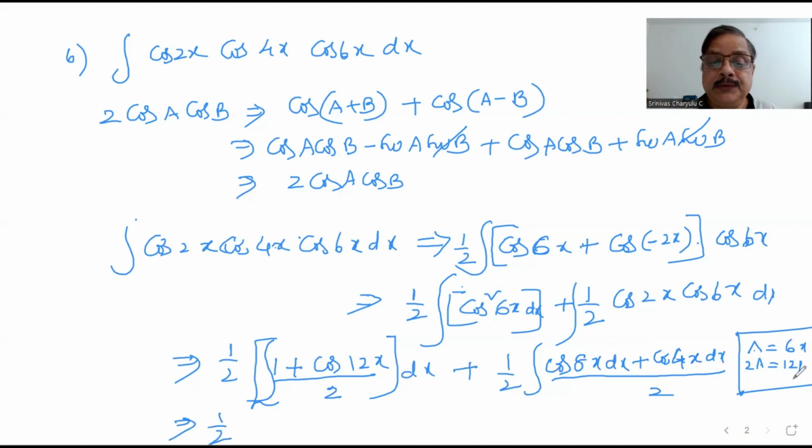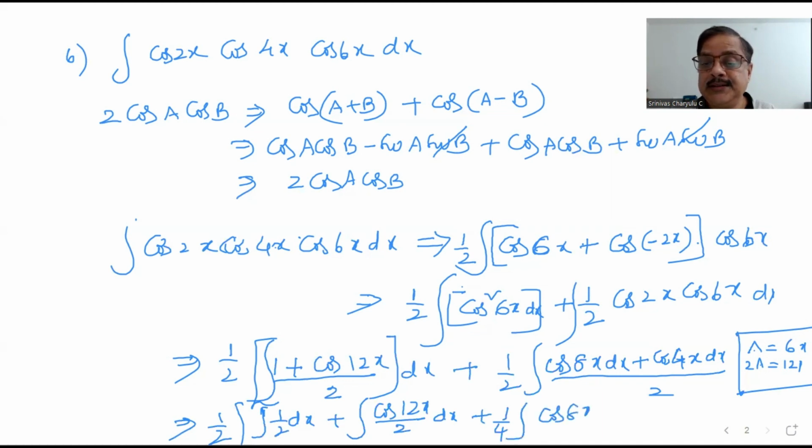Half into, this is integral symbol, bracket, integral 1 by 2 dx, integral cos 12x by 2 dx. This 2 you bring outside here, 1 by 4 integral cos 8x dx plus 1 by 4 integral cos 4x dx.